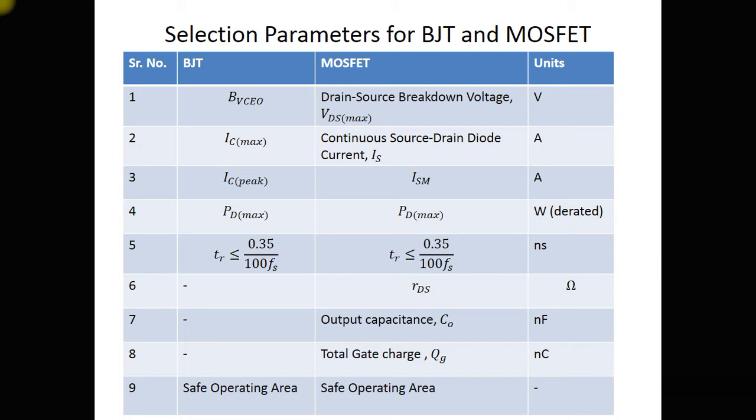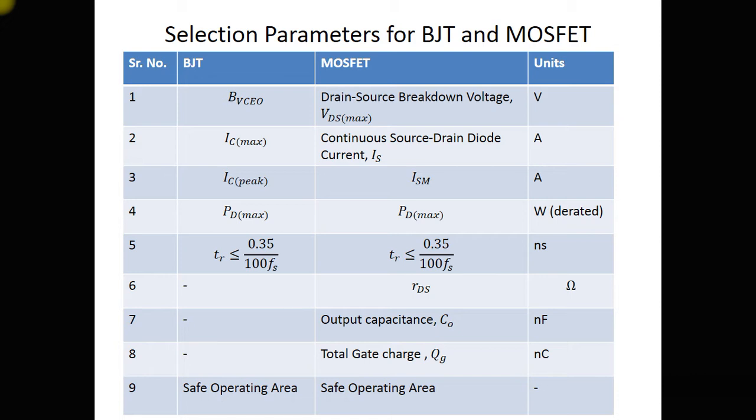IC max in the case of BJT; in the case of MOSFET it is the source drain current. In the case of BJT we have to find out the IC peak. Remember that the continuous current and peak currents are different. PD max in both cases.